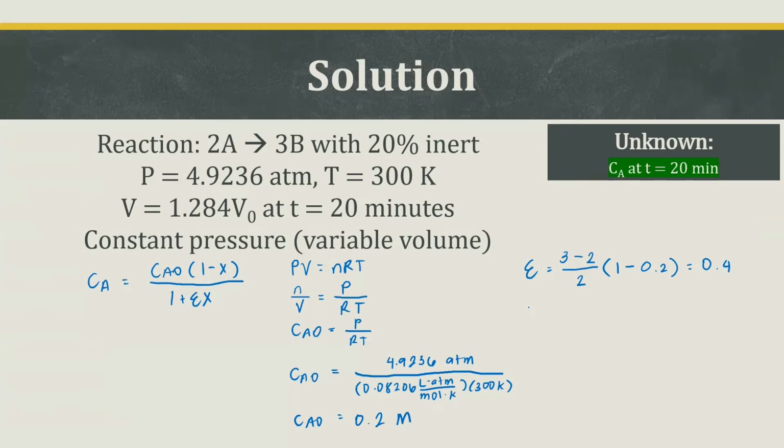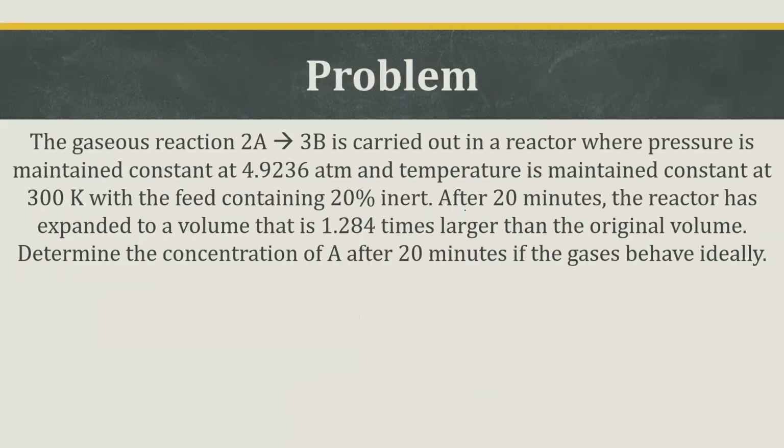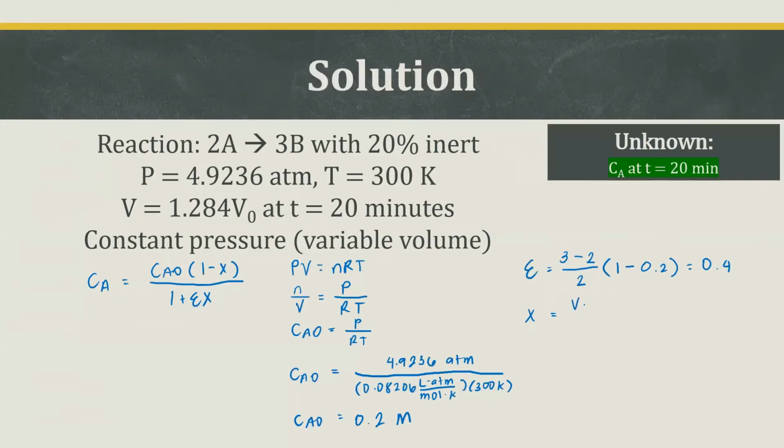All we need now to find is x, the conversion. We can relate the conversion in terms of the change in volume and the epsilon, so that's V minus V naught all over epsilon V naught. We know that V here is related to our initial volume, as given.